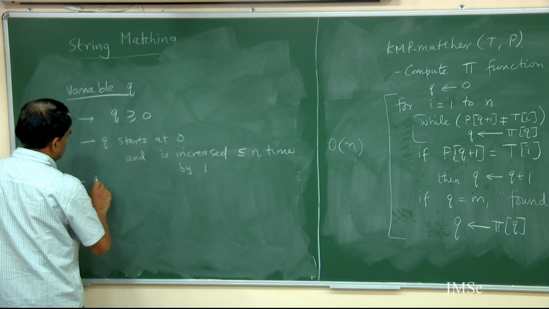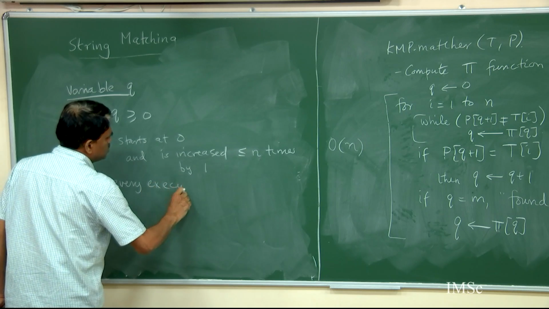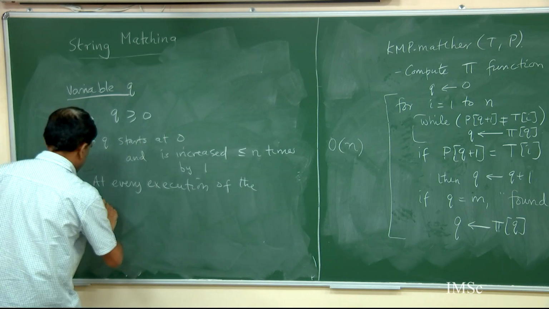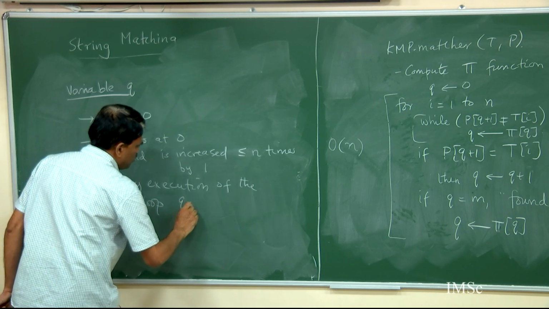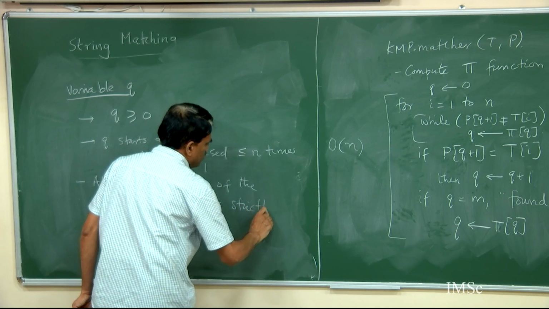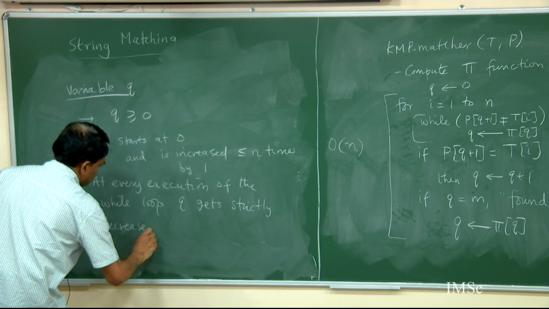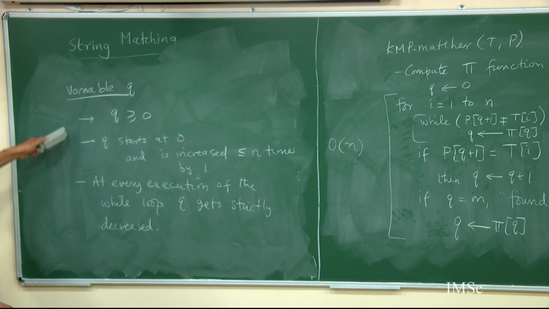At every execution of the while loop, Q gets strictly decreased. So it must be obvious from these two statements that this cannot be more than order n.